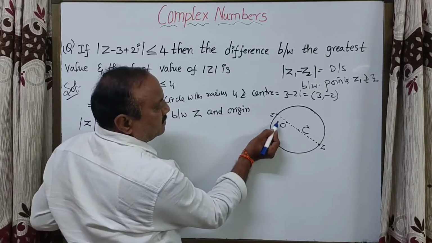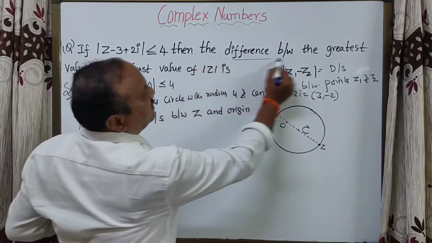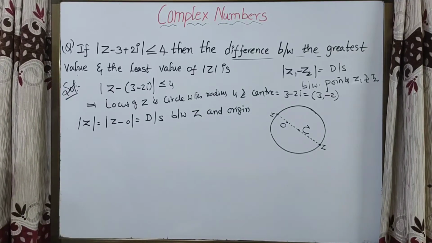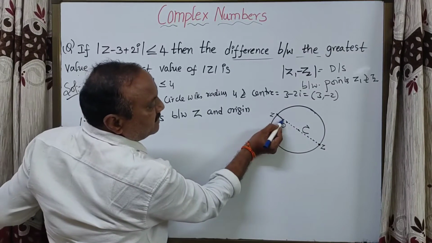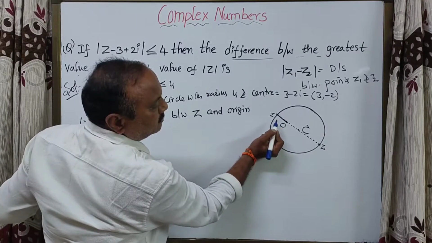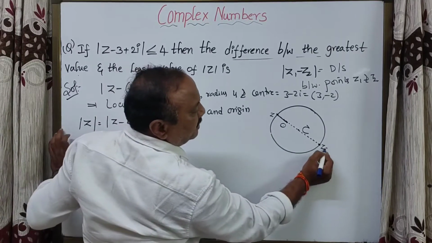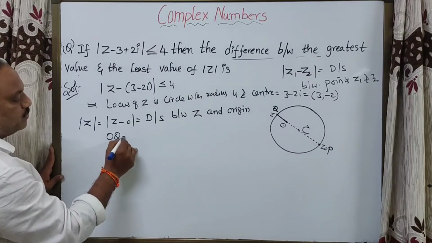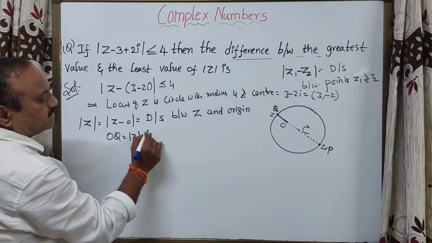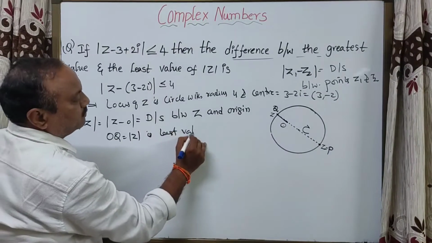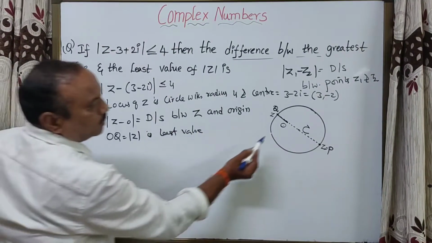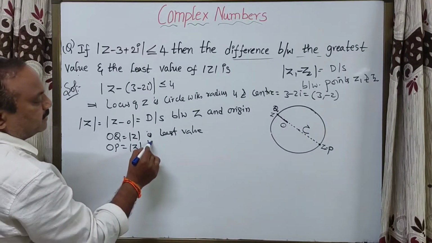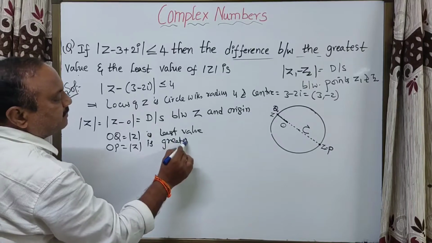Let this point be P and this point be Q. OQ is the least value of mod z, and OP is the greatest value of mod z.